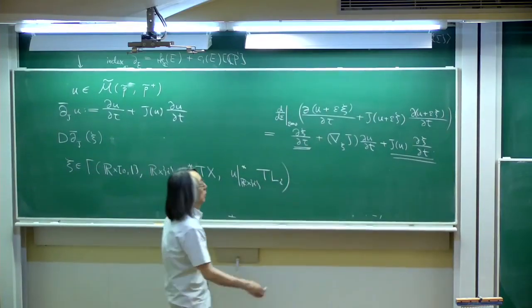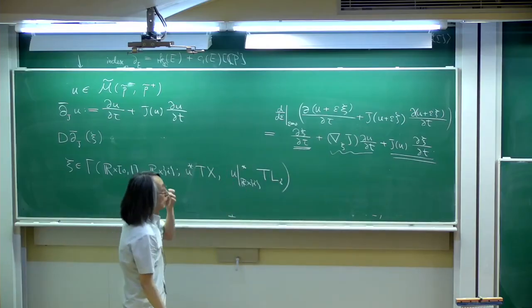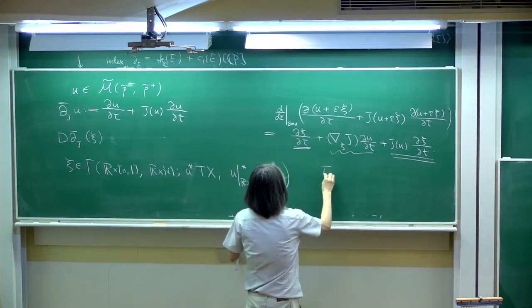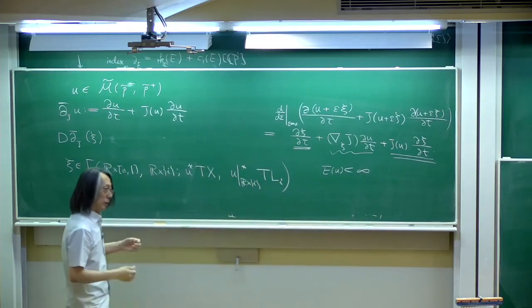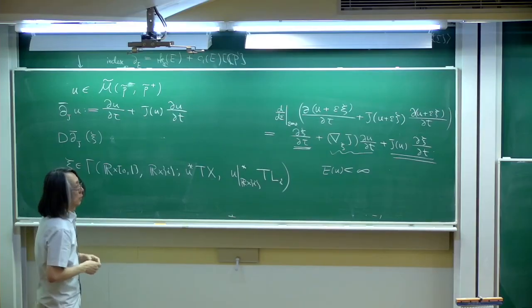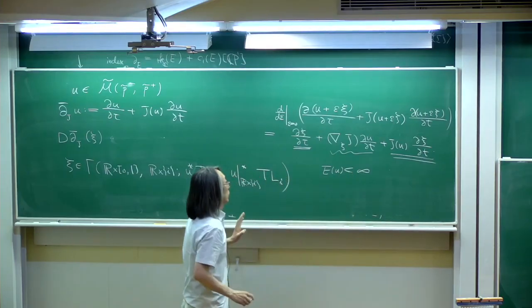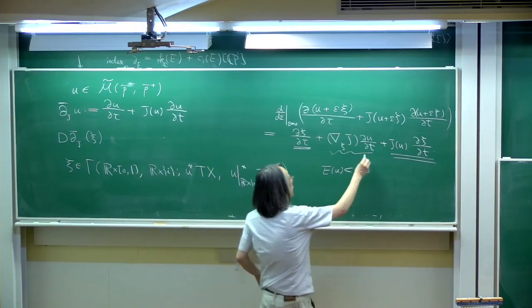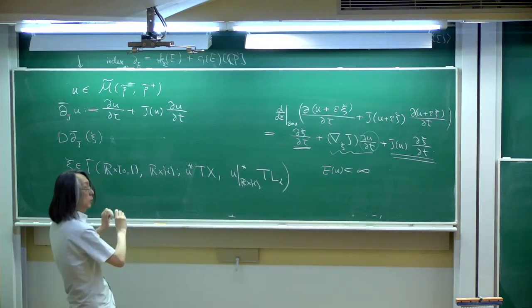Now, in general, we may have this sort of term, but if the energy of u is finite, and it is converging to an intersection point, maybe I don't need to say this today, but somehow this term is getting smaller and smaller as tau goes to infinity.